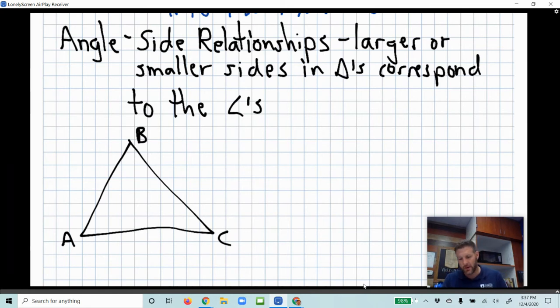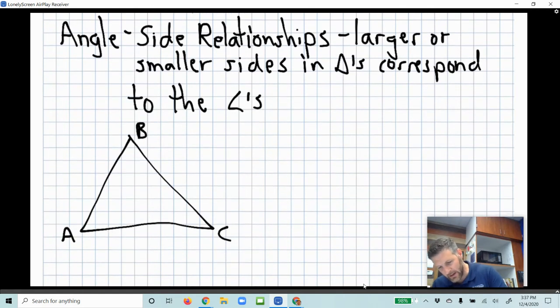So let's do it this way. I'm going to try to make it simple visually. Say AB is, I'm just going to make up a measurement, 7, BC is 9, and AC is 11.